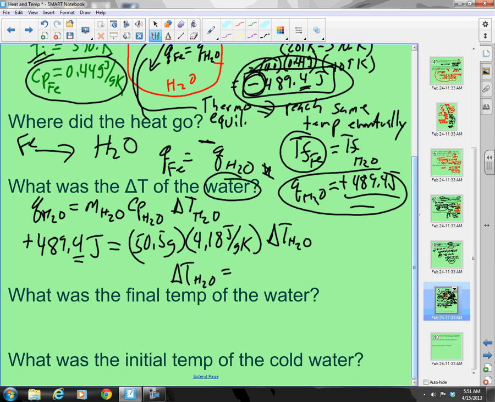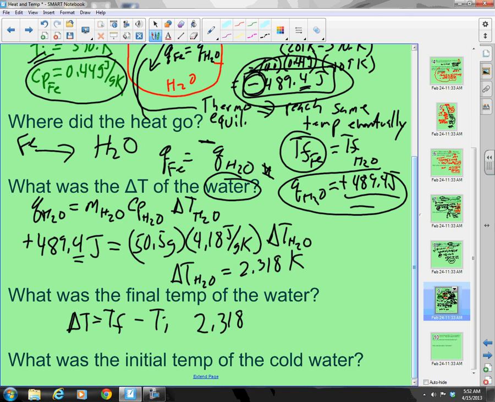I'm going to take 489.4, divide it by 50.5, divide it by 4.18. And what do I get? I get, how about a 2.318? 2.318 Kelvin. Good. What was the final temp of the water? Well, my delta T is equal to T_F minus T_I. Let's hope I can do my math right this time.